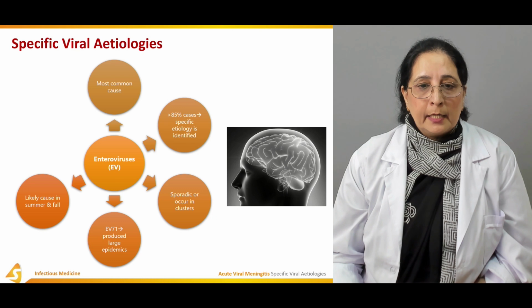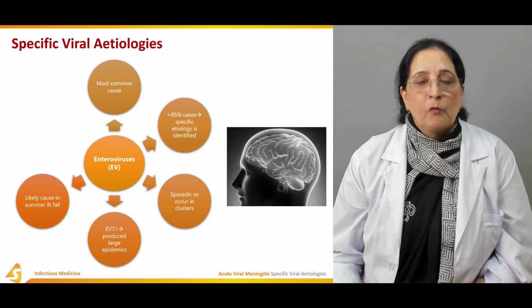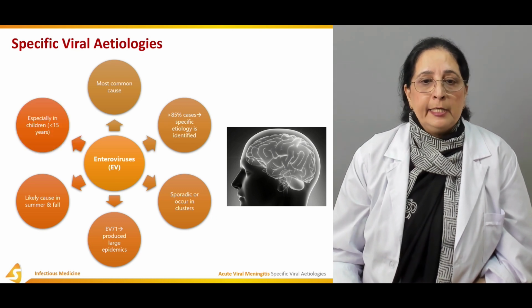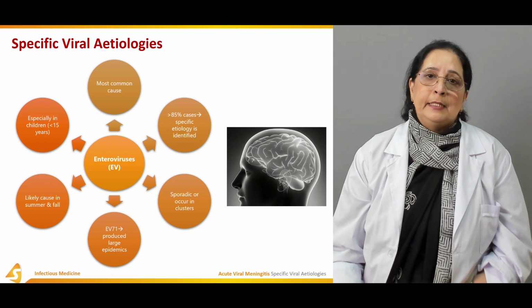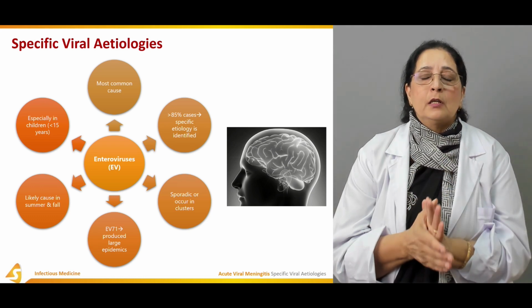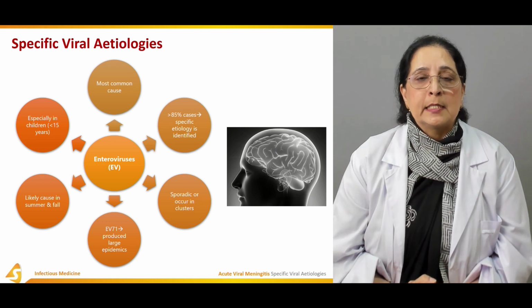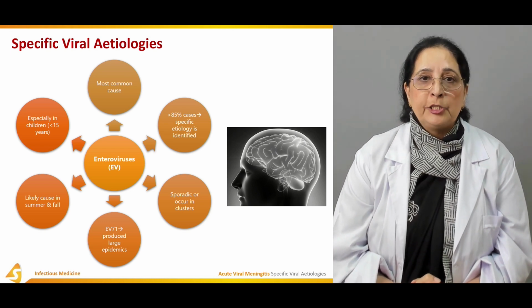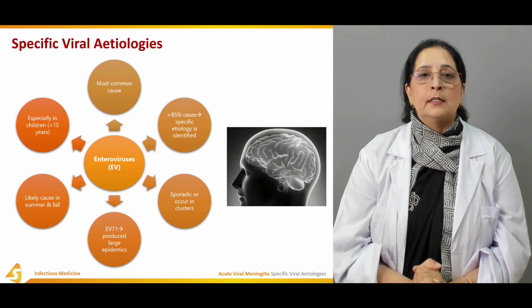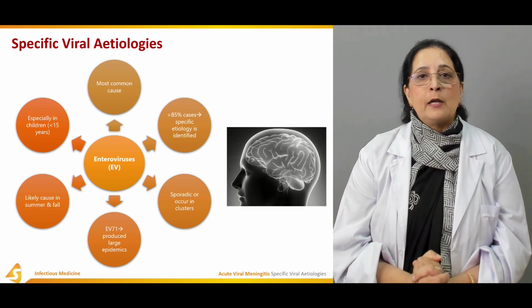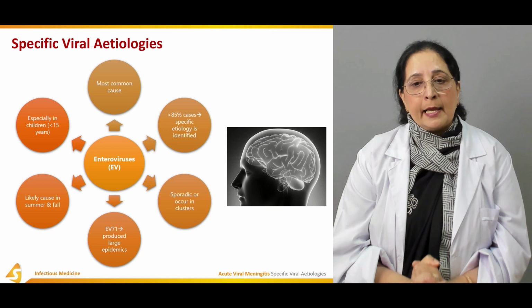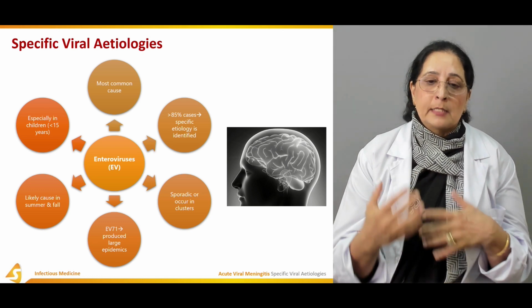It likely occurs in summer and fall, especially in children less than 15 years. So for the specific viral etiology, the most common is enterovirus, which affects mostly children less than 15 years, is common in summer and fall seasons, and usually causes epidemics.